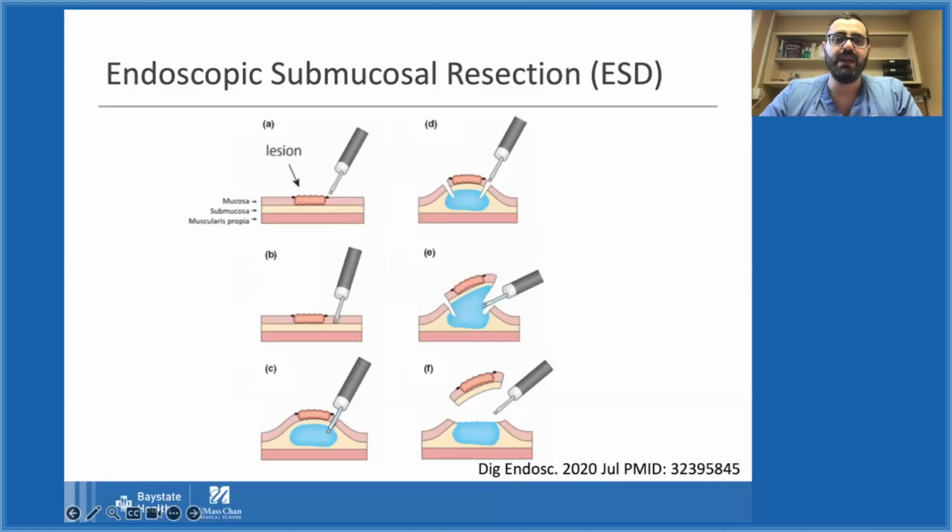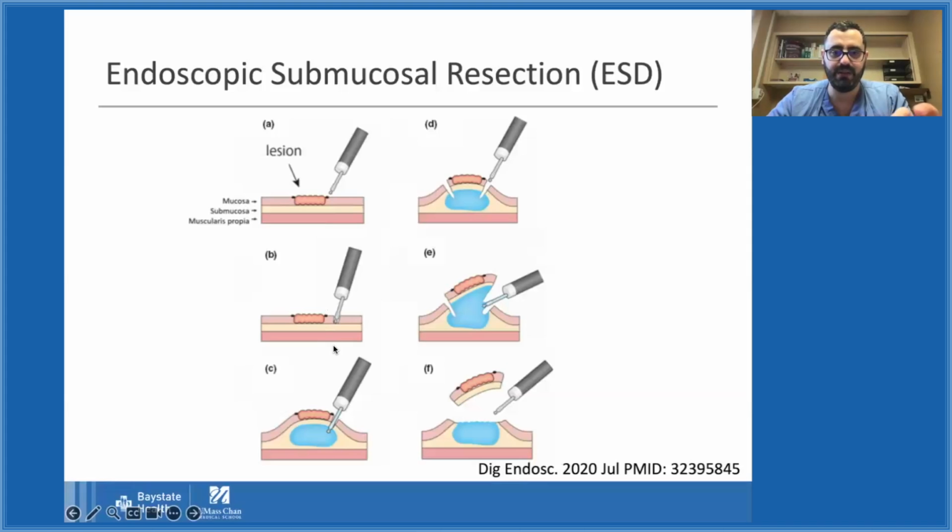So ESD. With ESD, the way we do this procedure, we use a knife, just like the knife I showed you earlier, and we inject beneath the polyp. We start marking the lesion with a knife.